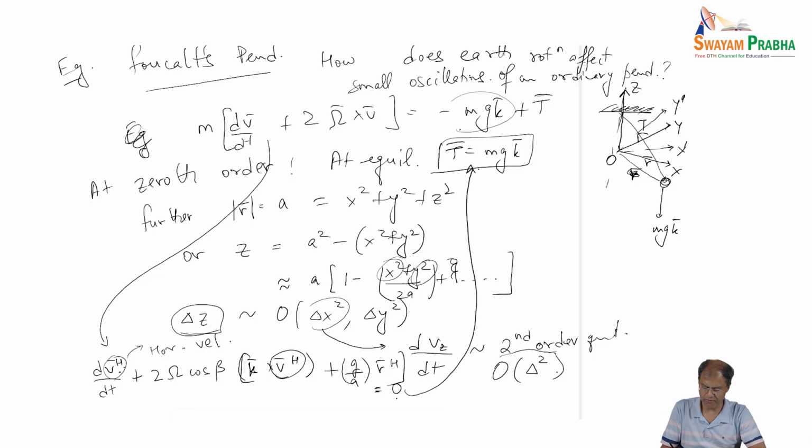So because this is in 2 dimensions, rh is equal to xi plus yj, and my vh is vx i plus vy j, right? So these are all in the XY frame.